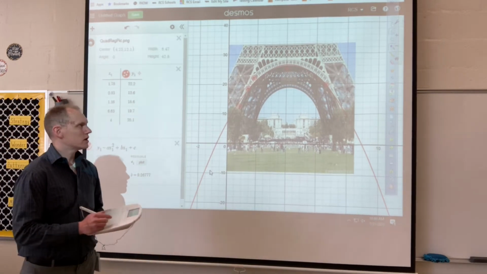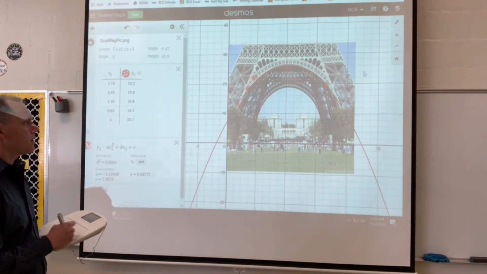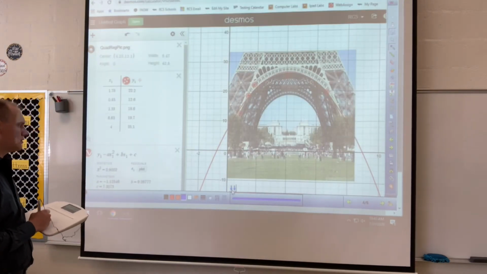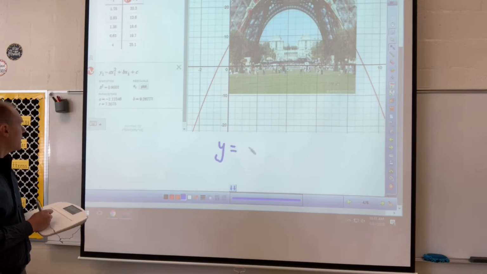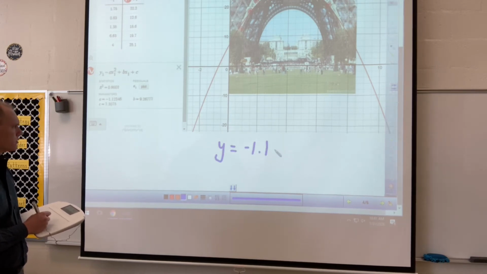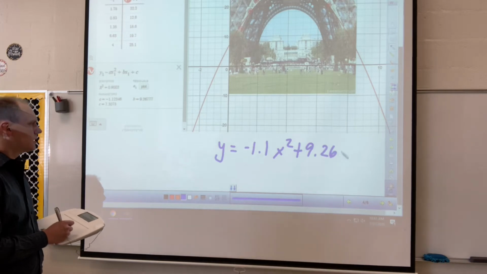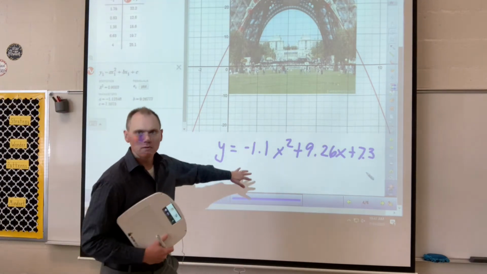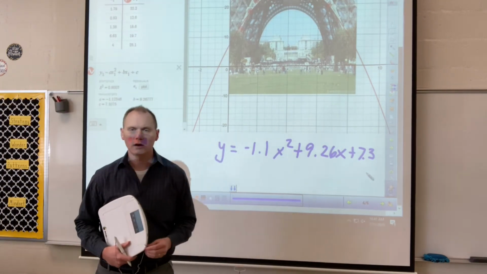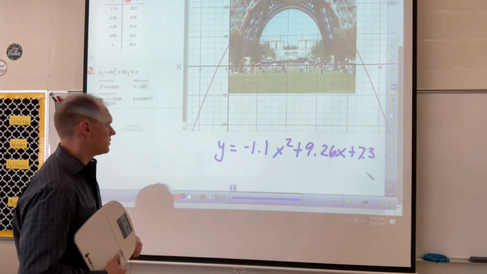So if you were to create your function here to model this situation, and again, we'd have to think about scale, it would be y equals, A is approximately negative 1.1, and of course that's rounded, x squared plus b, which is 9.26x, plus c, which is approximately 7.3. So this is a great representation of that arch, and this is the function that would describe it.